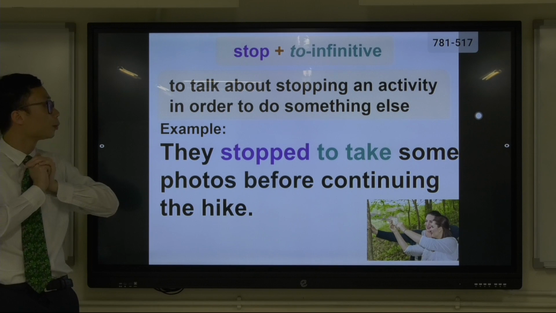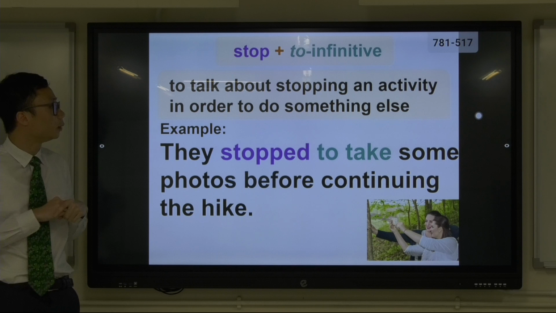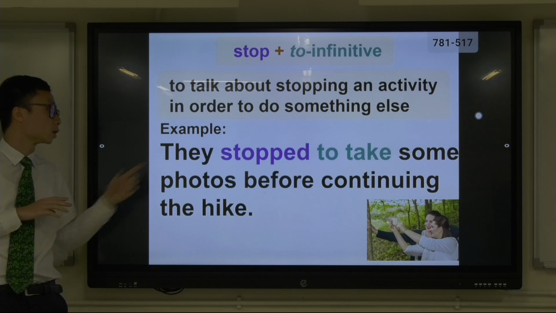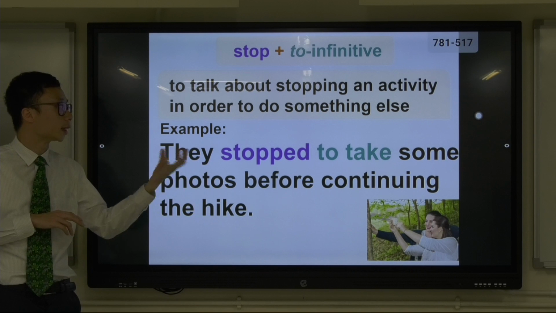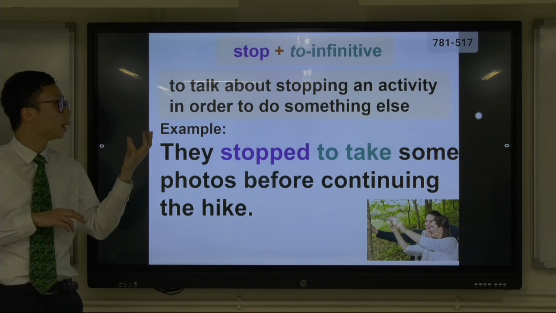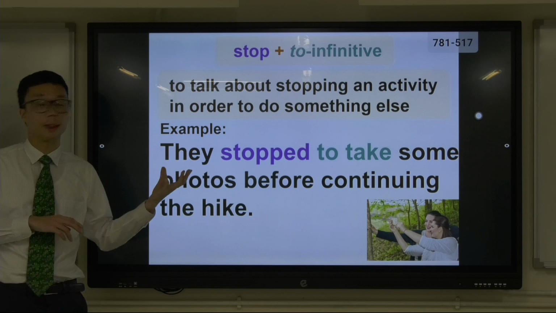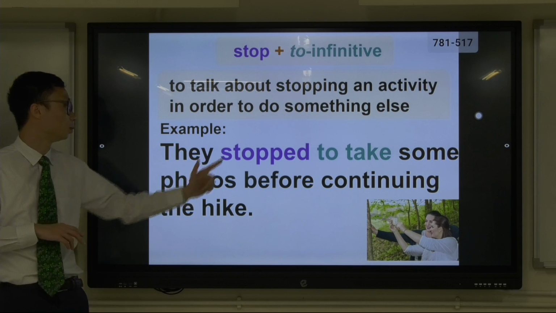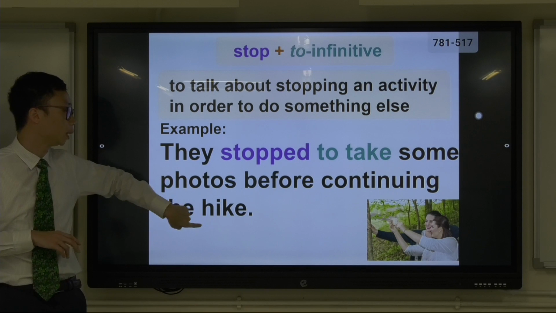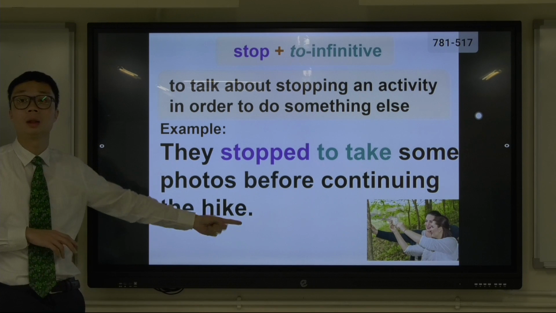Okay, this one is stop and to infinitive. It is to talk about stopping an activity in order to do something else. Okay, let's look at an example question. They stopped to take some photos before continuing the hike. Hike means walking in the mountains.